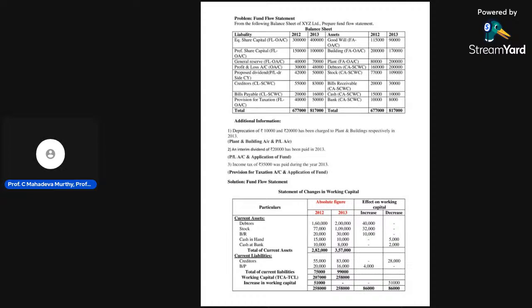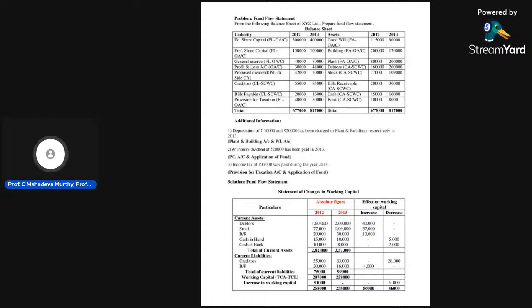Within brackets I am mentioning where each item appears: fund flow statement, schedule of changes in working capital, or open an account.